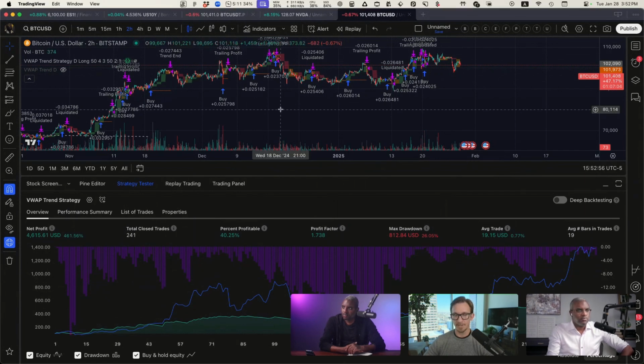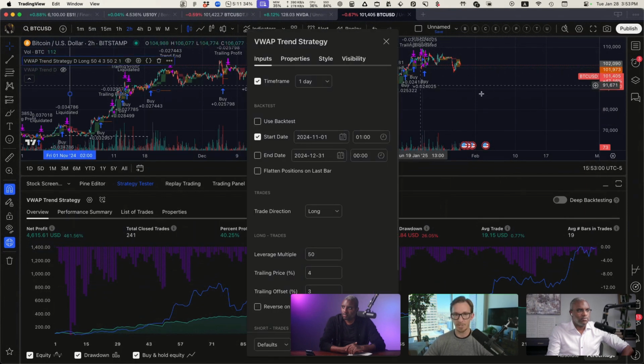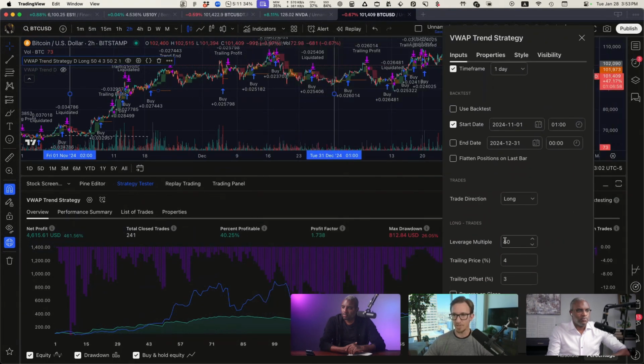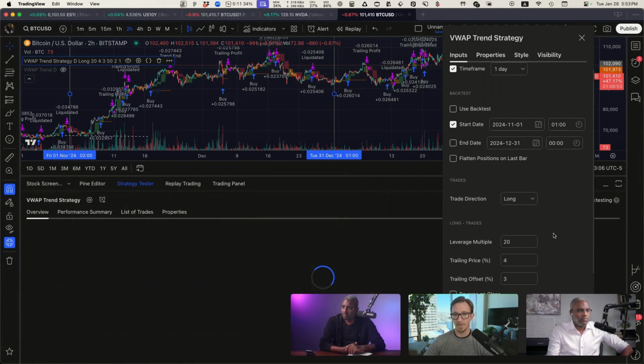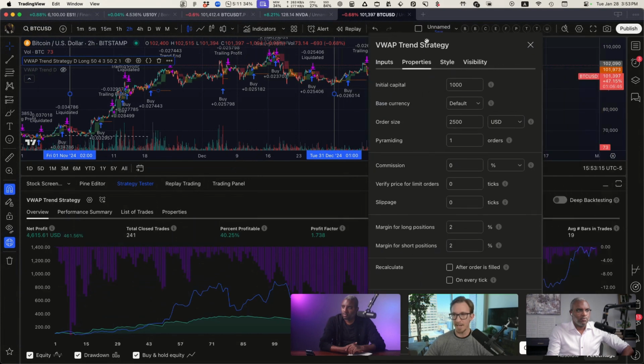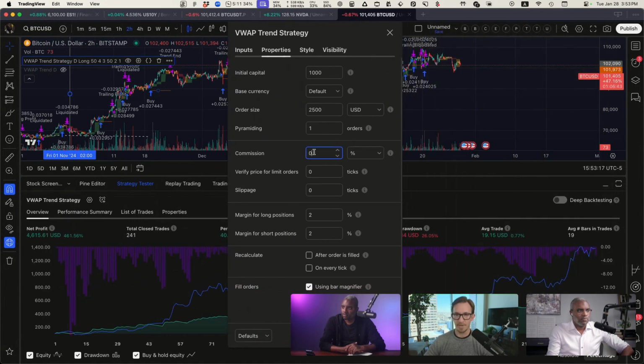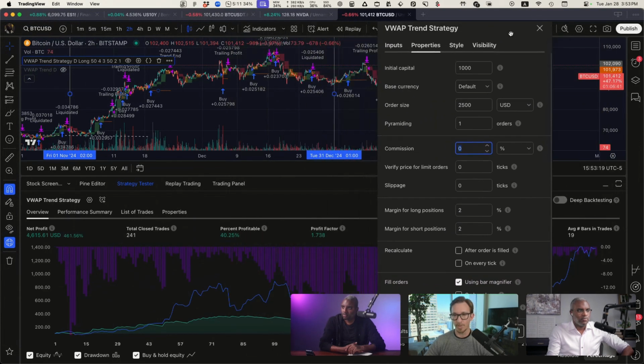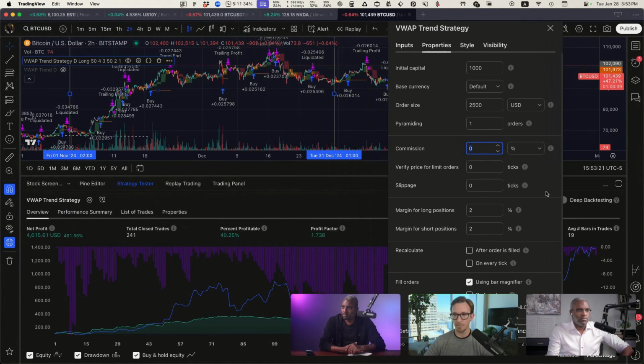One of the things that is often overlooked when it comes to looking at the performance of a strategy, let's say you've dialed in your settings and you're really happy with that performance, is the cost of trading as well as changes in market price, and we call those commissions and slippage. So if you go to the properties tab of the strategy, you'll see here that very often the author won't even put a commission or slippage model in place in the strategy tester.